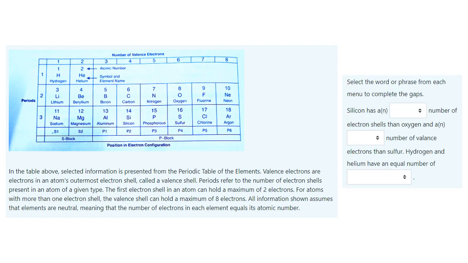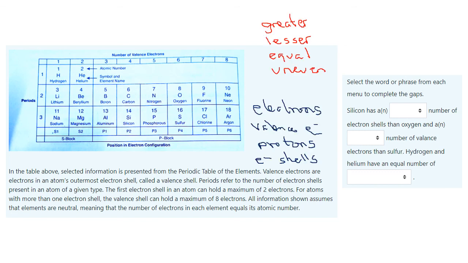Select the word or phrase from each menu to complete the gaps. Now the first 2 gaps, both times you have the same options: greater, lesser, equal, or uneven. The last one, you have electrons, valence electrons, protons, and electron shells. So silicon, let's find silicon on here.